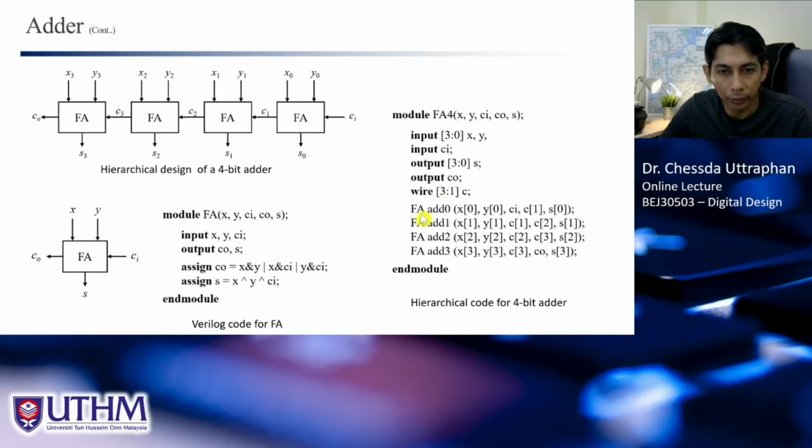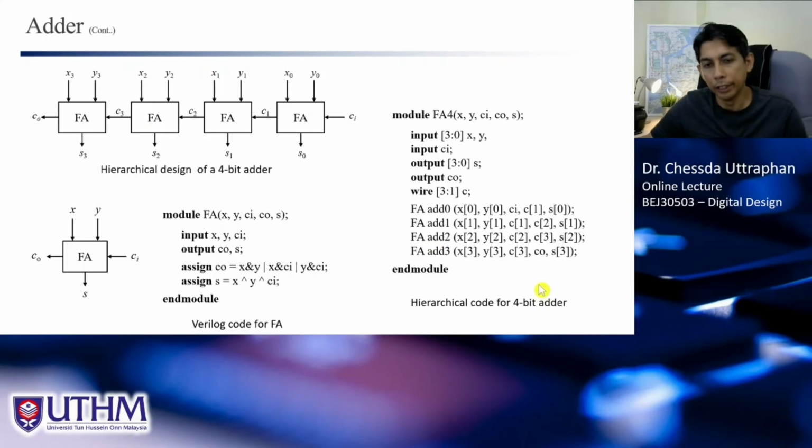Where we have FA, the name for this one is, for example, ADD0, and we have X0 with this one, Y0 is this one, Y is connected to Y0, CI is CI here, C1, S0, and the add number 2, add 1 here, X1 Y1 X1 Y1, C1 C2 S2, and so on. So we get the 4-bit adder here.